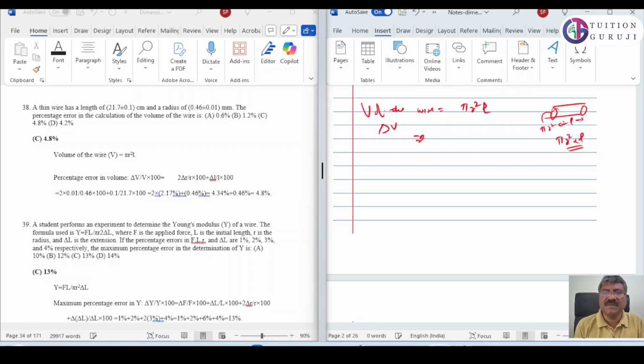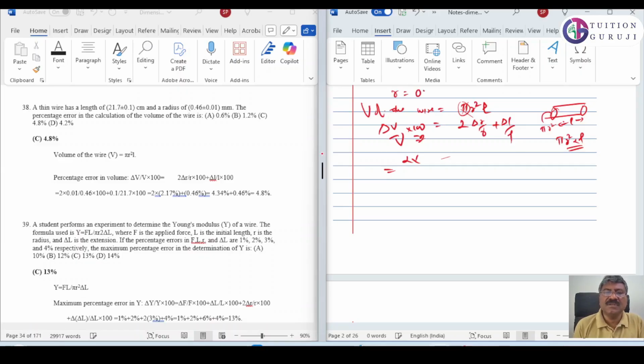So percentage error in volume is equal to delta V by V into 100. What will it give? 2 into delta R by R. Pi is a constant, we will not consider. Then it is 2 into delta R by R plus delta L by L. What is the radius?